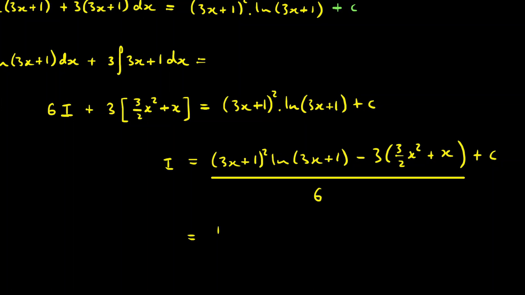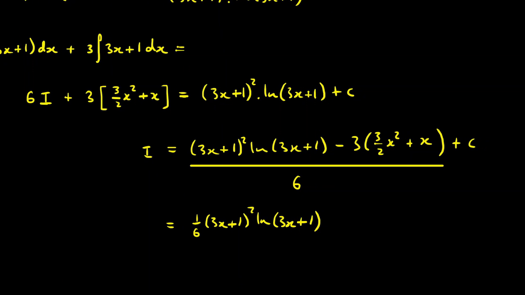So we can just rewrite this as a sixth, (3x+1) squared times ln(3x+1). We would have here minus 9 upon 2 x squared. So if I divide that through by 6, I'd write that out as 9 upon 2, divided by 6x squared, minus 3 upon 6x, plus c.